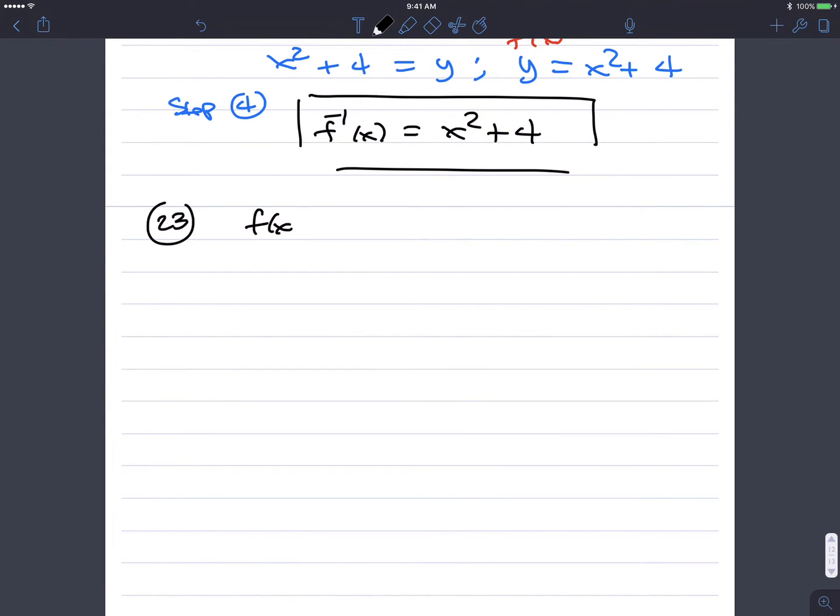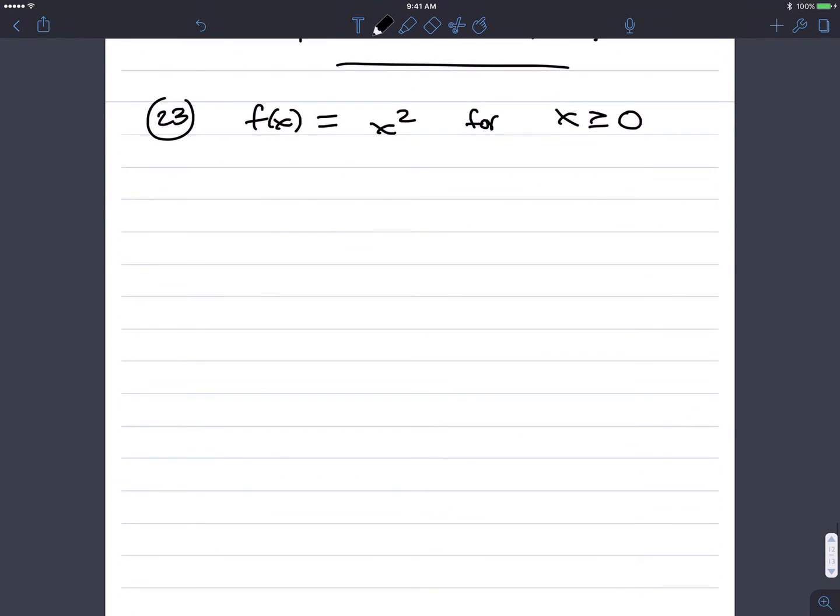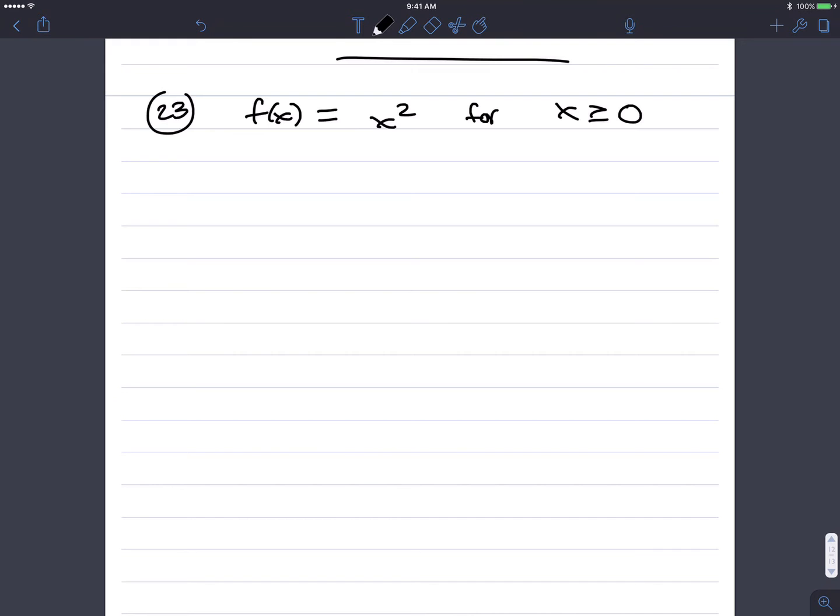23. F of x is x squared, x greater than or equal to 0. Let's see if you guys can tell me why that is. Why do they define this parabola to be good only for positive values of x? Anybody know anything about this?